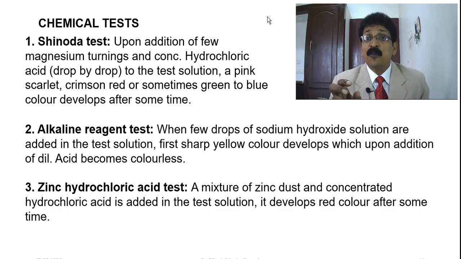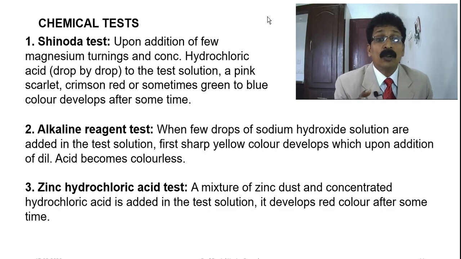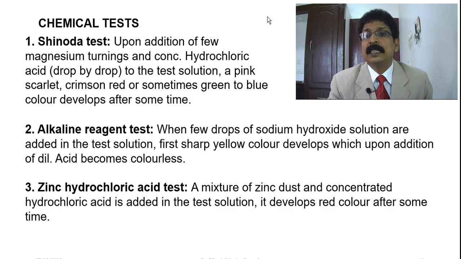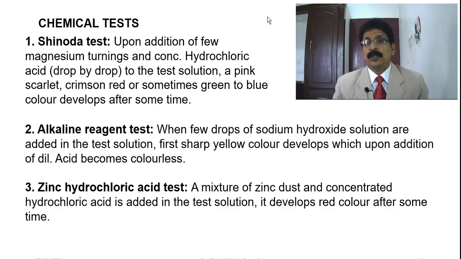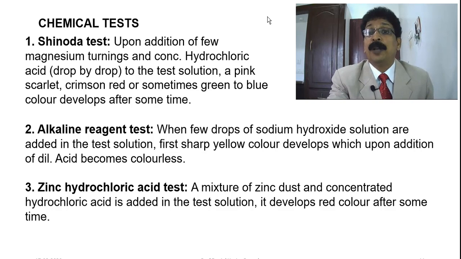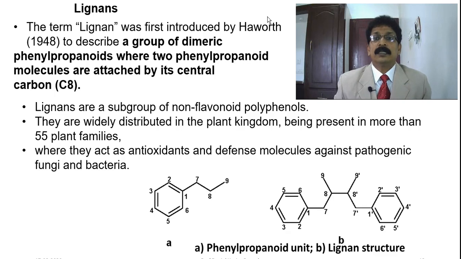A mixture of zinc dust and concentrated hydrochloric acid is added to the test solution. A red color develops after some time. So this gives you an identification test. Very simple for you. If you have hints, you can write them down, note them and study.